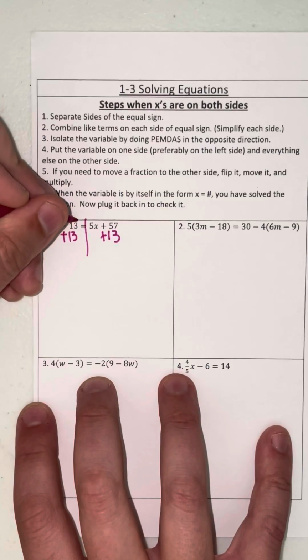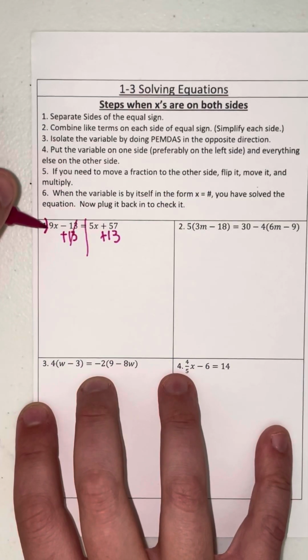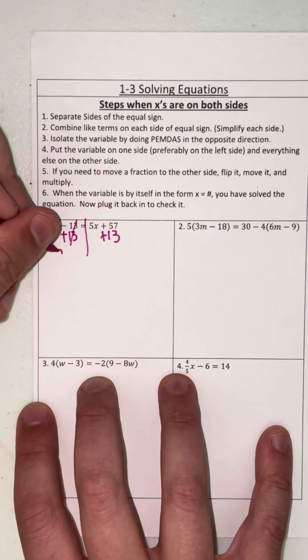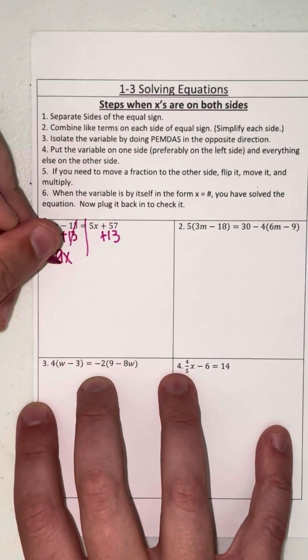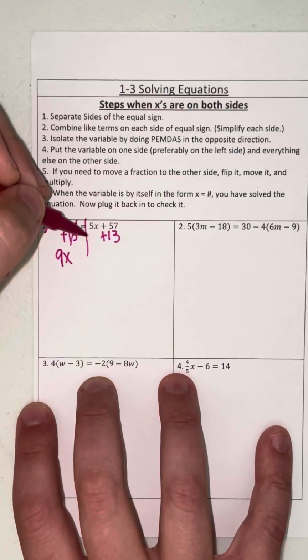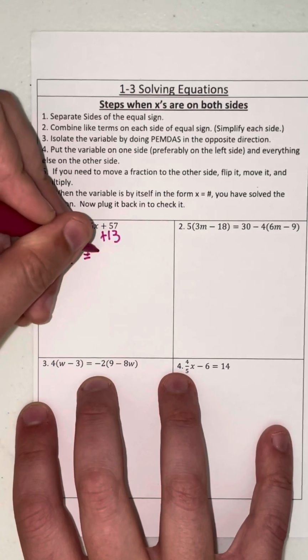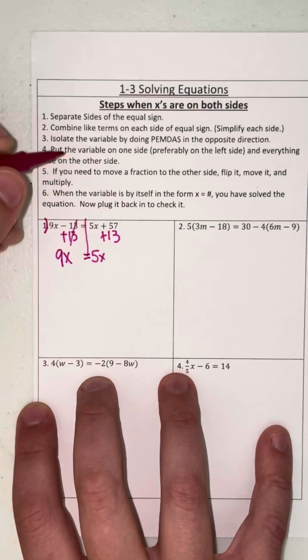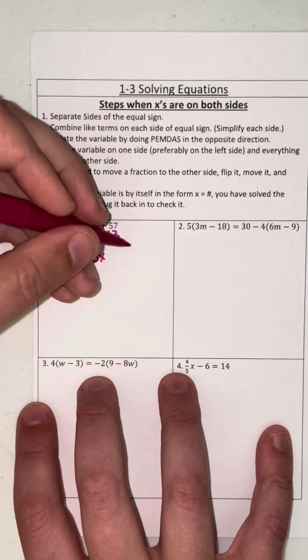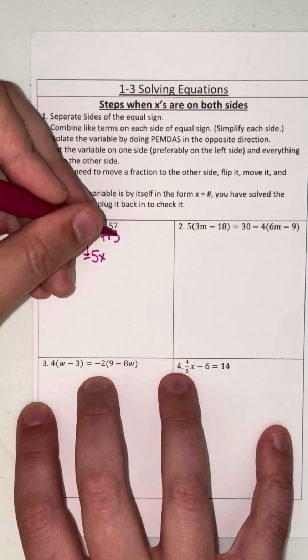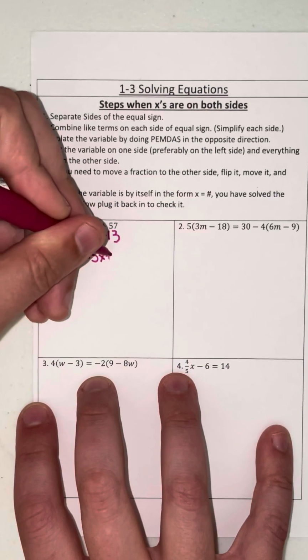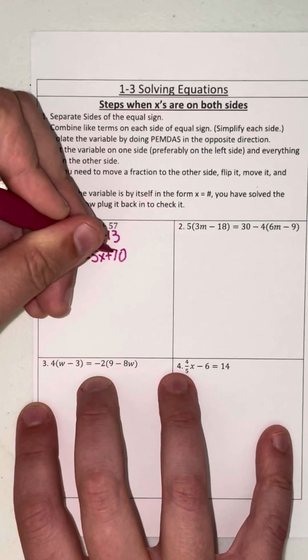That cancels these out, and then I've got just 9x over here. Over here I've got 5x plus 57, 60, 70. So 5x plus 70.